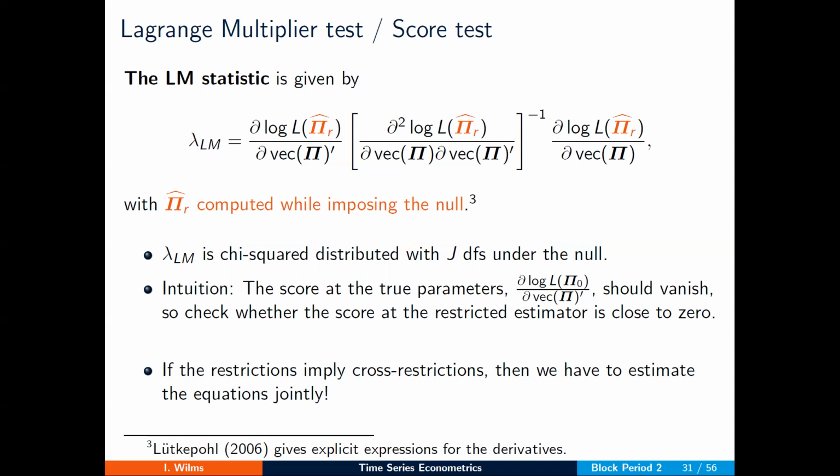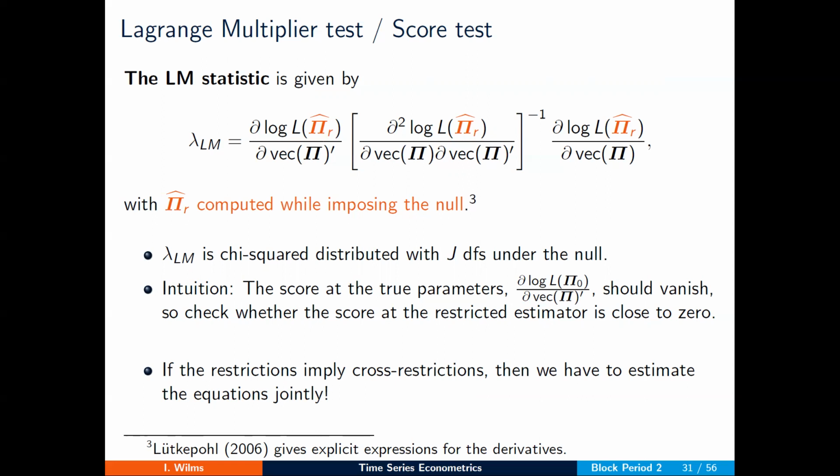Now, intuitively, the score at the true parameter should vanish. It should be equal to 0. We, of course, can't check the score at the true parameter value since it is unknown in practice. But what we can do is check it at the restricted parameter estimate.